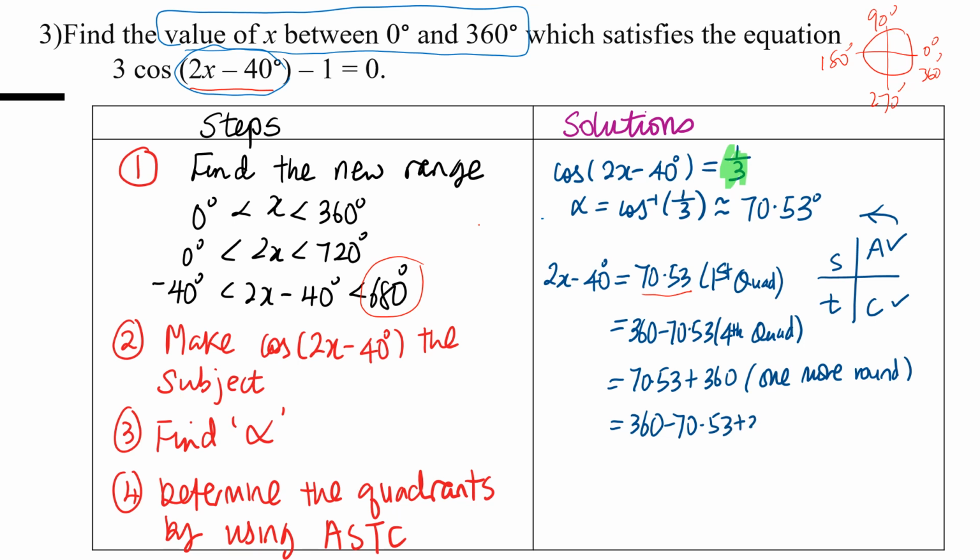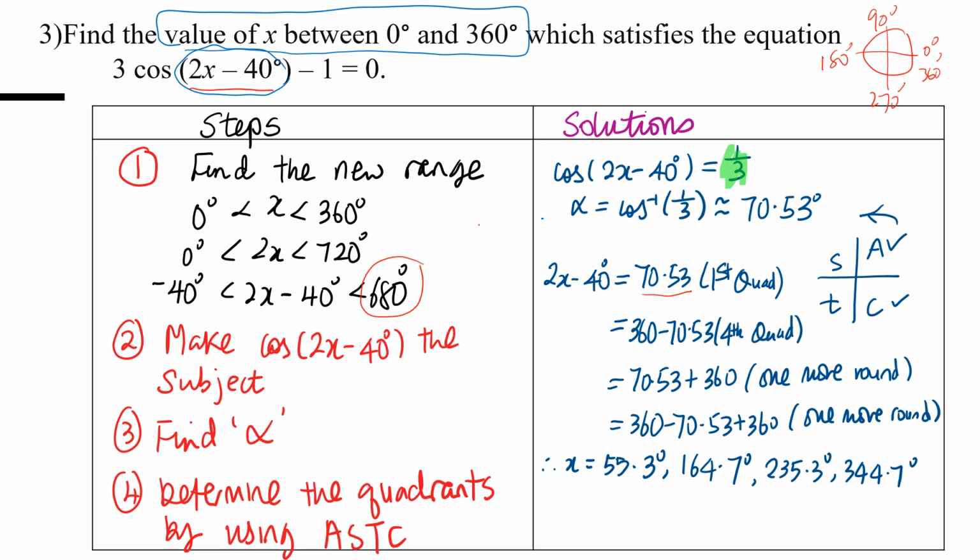Likewise, for the answer in the fourth quadrant, you add one more round. And finally, whatever answer you have here, you must add 40 and divide by 2 to give you this. This one here, plus 40 divided by 2 to give you this. This one here, plus 40 divided by 2 to give you this. And finally, the last one, plus 40 divided by 2.